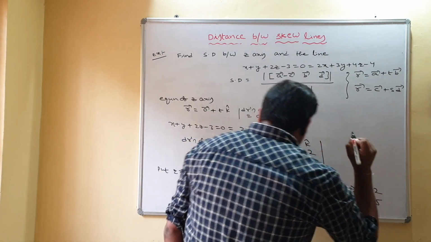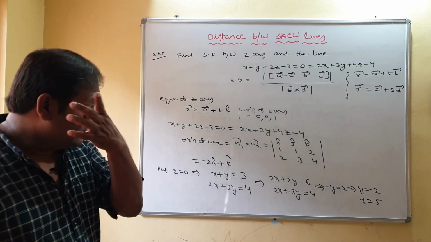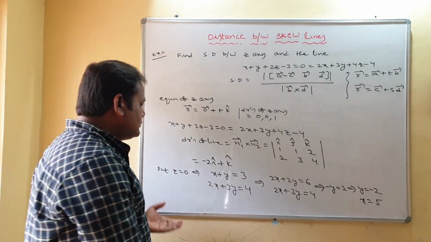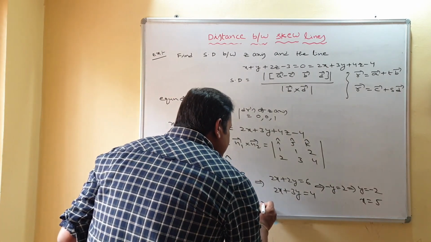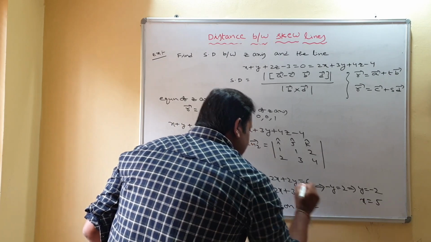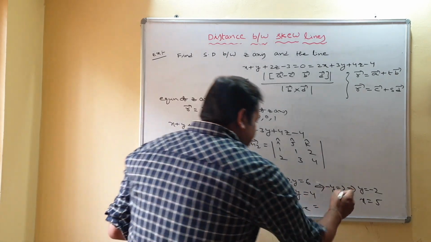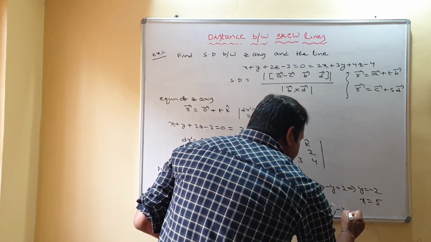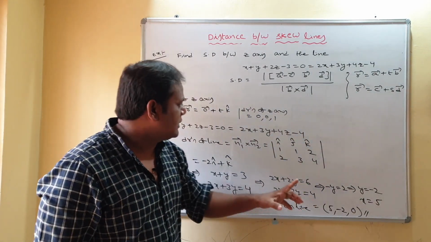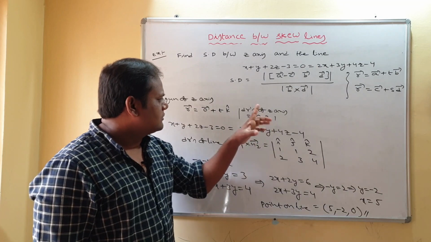So we got the x value 5 and the y value minus 2. The point on the line is x 5, y minus 2 and z 0. So we got a point on the line and the DRs of the line.